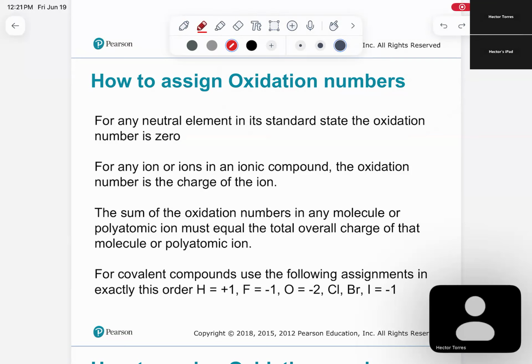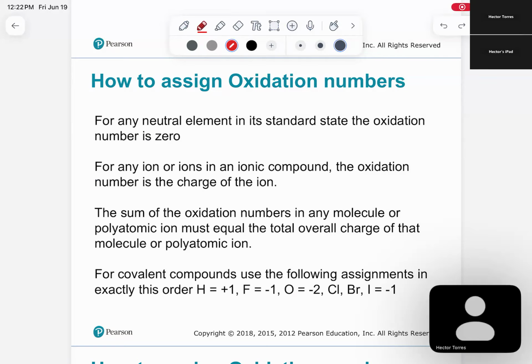Second rule, for any ion in an ionic compound, the oxidation number is the charge of the ion. Number 3, the sum of oxidation numbers in any molecule or ion must be equal to the overall charge of that molecule or atomic or polyatomic ion.